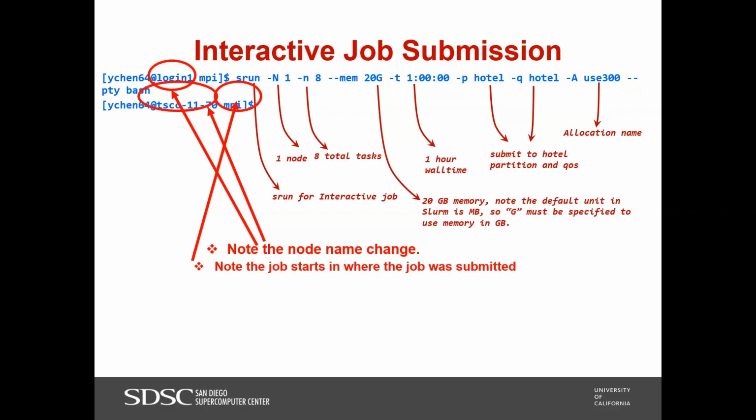For PBS in TSCC1, when your job starts, you are back in your home directory, and then you must cd to where your input and output data are. But under SLURM, the job starts where the job was submitted, so you don't have to change your directory anymore.